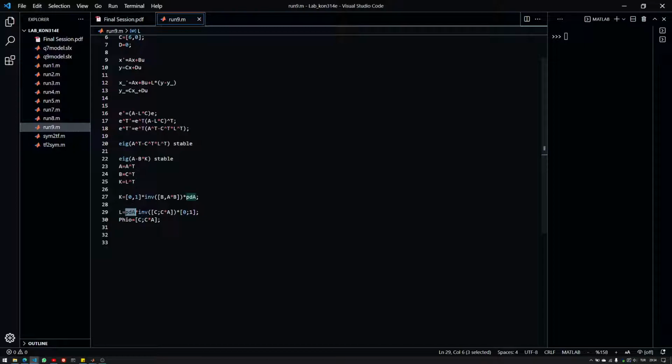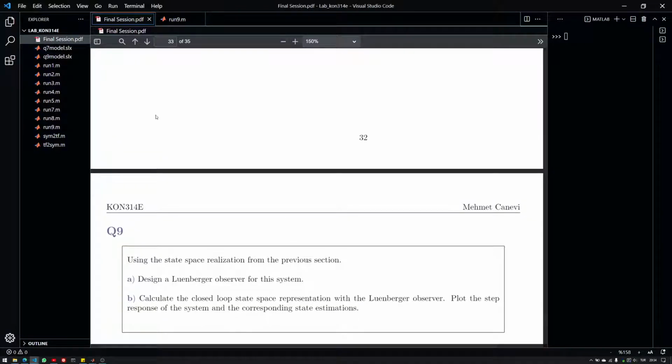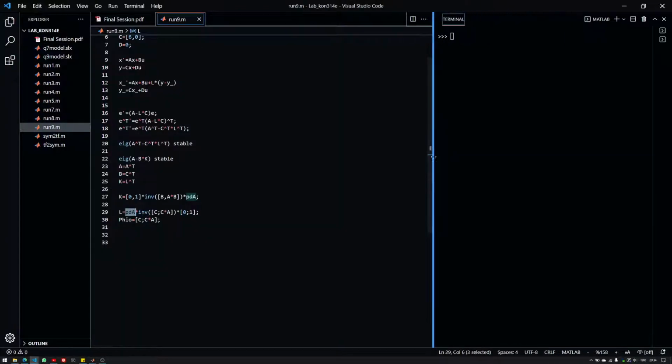If we, for example, use the state feedback controller from the previous question, where we had minus 3.5 plus 1i and minus 1i as eigenvalues, we should calculate the settling time corresponding to this pole pair, and then take a tenth of it.